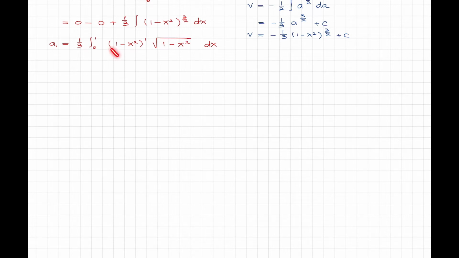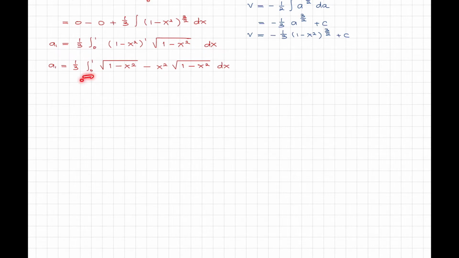And then if you multiply that, we got a1 is equal to 1 over 3 integration of 0 until 1, 1 times square root of 1 minus x squared, minus x squared times square root of 1 minus x squared dx.